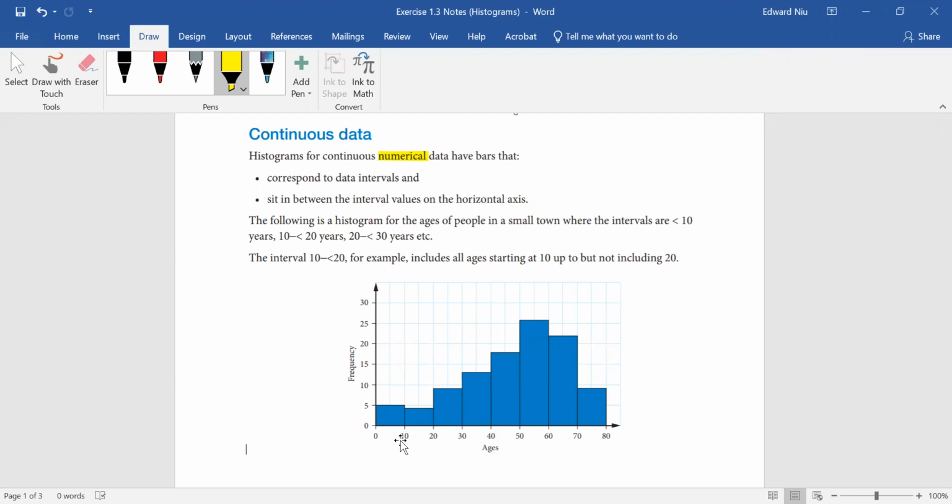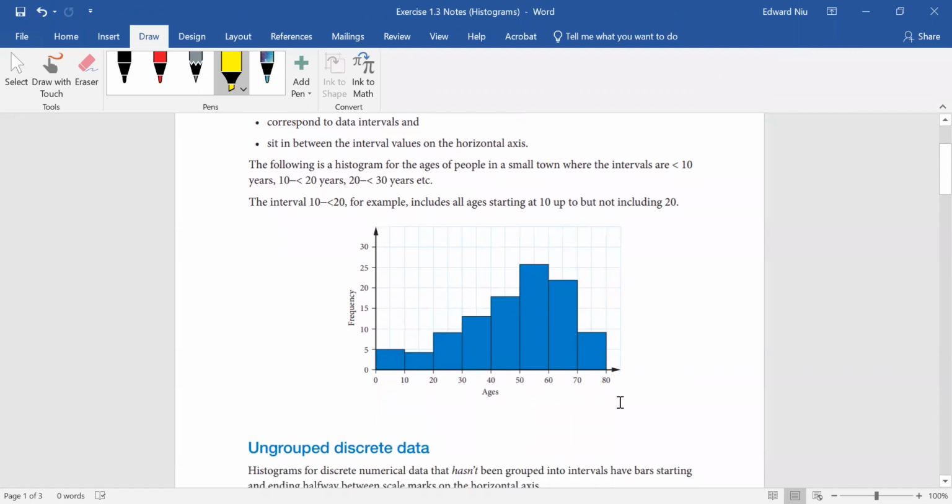But we really have no other choices because, you know, if we have someone that's 5.3 years old, someone that's 5.5 years old, someone that's 5.7 years old, it's not feasible for us to give them each a tiny little bar. Otherwise, our histogram would go on sideways forever. So that's why we group them together to give an overview of the amount of people in each age bracket in this example.